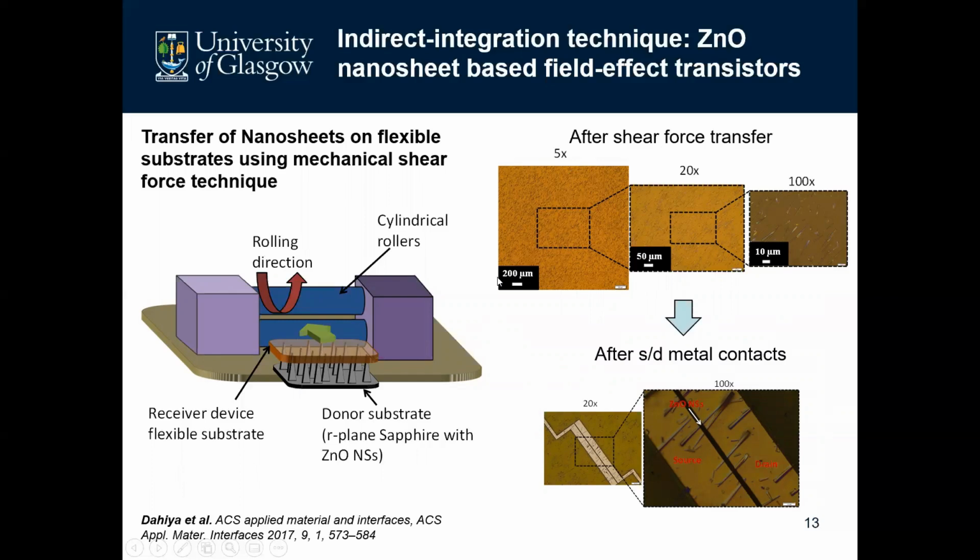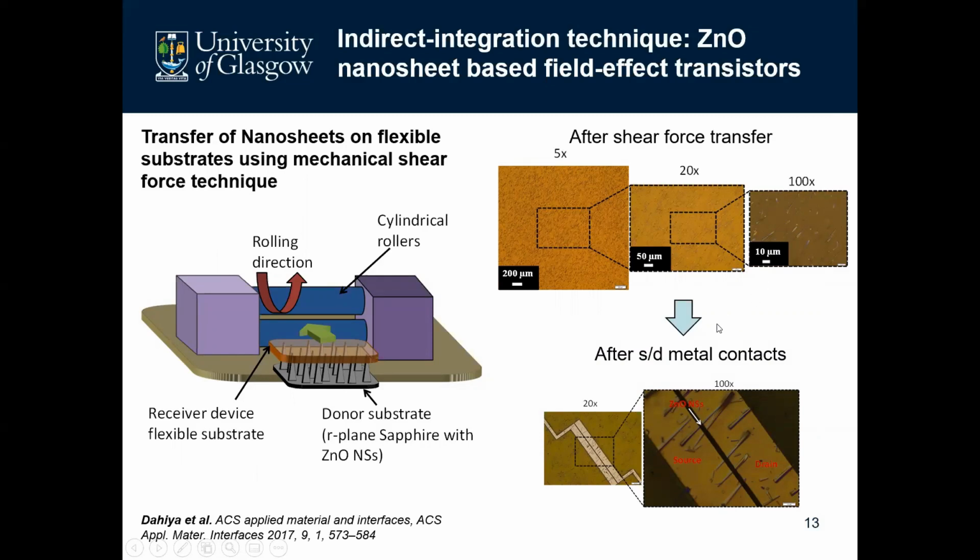We have used PET and Kapton substrates to demonstrate this. Here on the Kapton, you can see the transfer images. As you can see in the high magnification optical image, the nanosheets are transferred uniformly over the substrate.